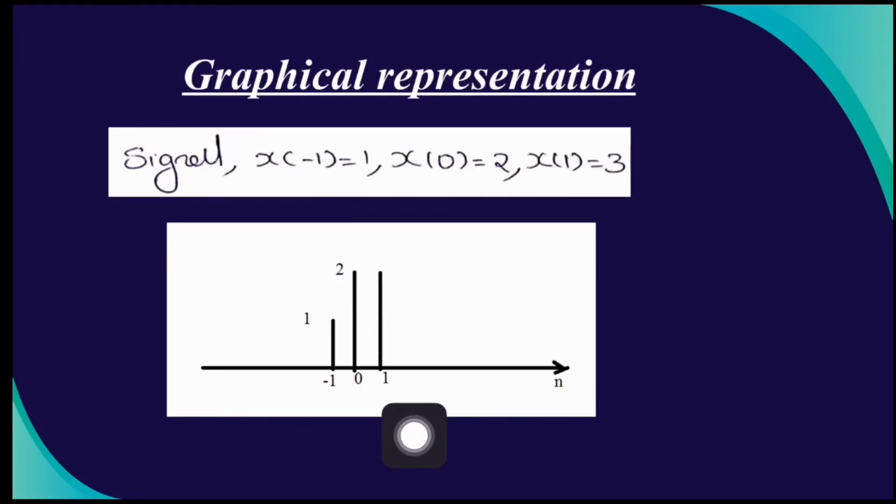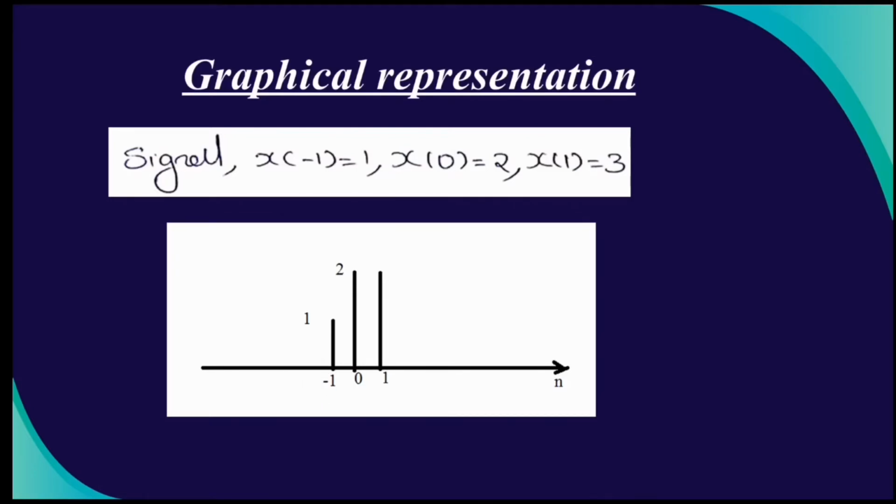The independent variable n is plotted along the x-axis and the signal amplitude along the y-axis. At n equal to minus 1, the value of x of n is 1. So we draw a straight line representing amplitude 1 at n equal to minus 1. And at n equal to 0, the value of x of n is 2. So we draw a straight line at n equal to 0 representing magnitude 2. And so on. Got it?